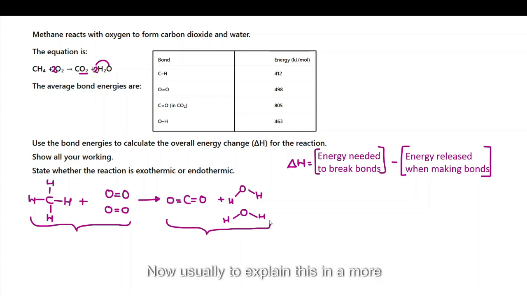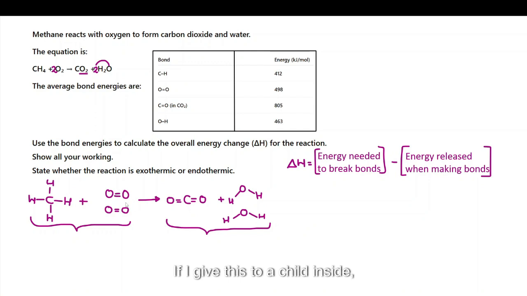Now, usually, to explain this in a simpler way, I tell my students to think about this as if they are made of pieces of Lego. So this C is a Lego, and you have 4 hydrogens connected to the C. Then you have 4 pieces of oxygen Lego with the letter O, and 2 of them are connected, the other 2 are connected.